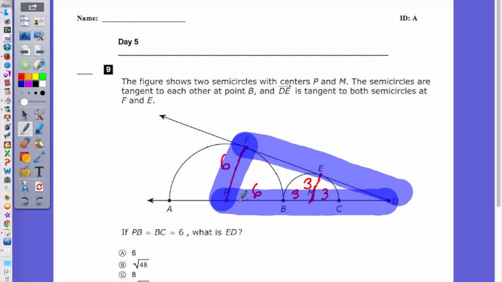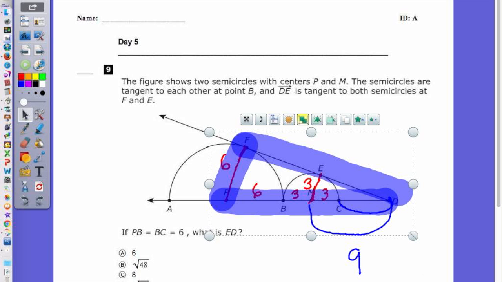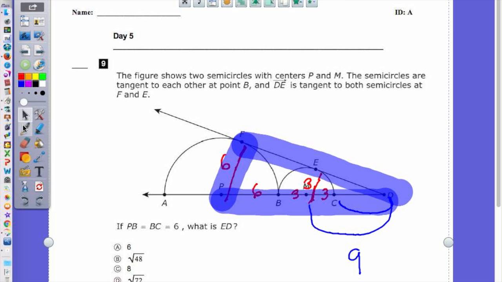That means this part here, which is 9, has to be congruent to this part here. So this part here has to be 9. That doesn't really help you yet though, does it? Because you want ED.